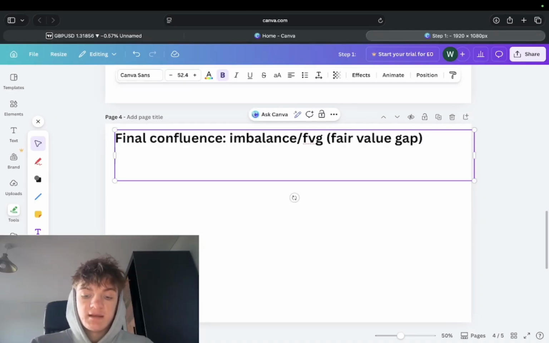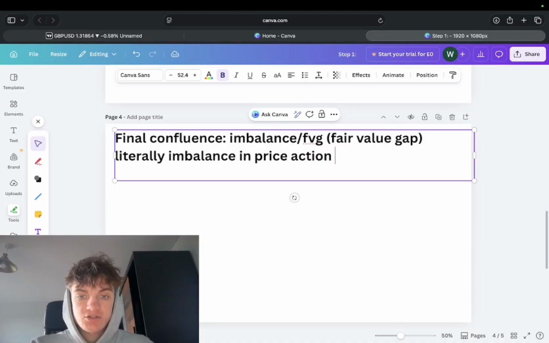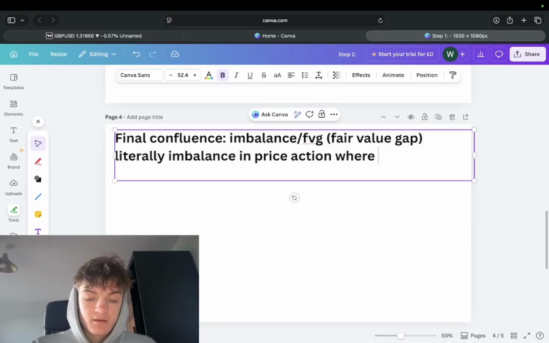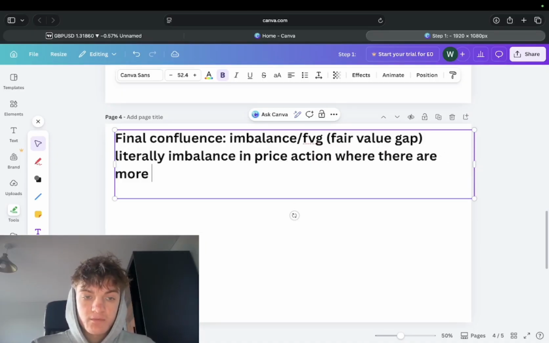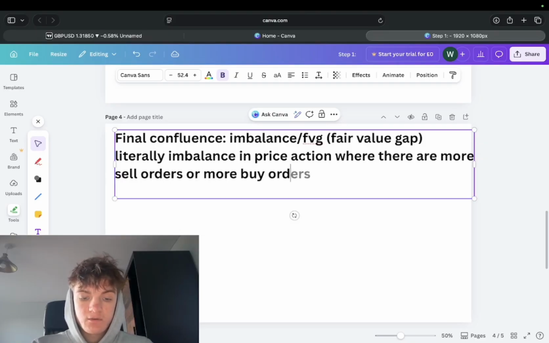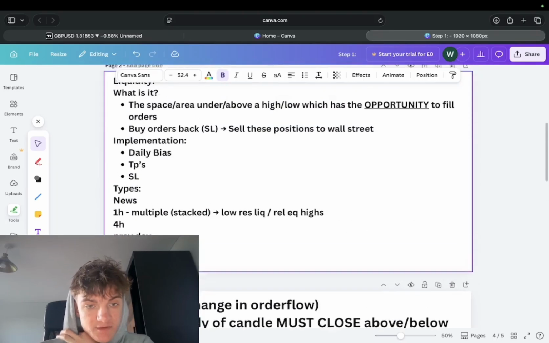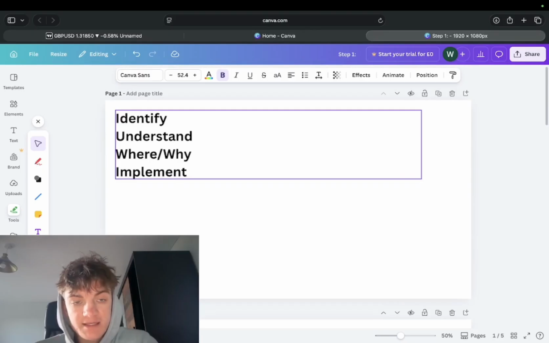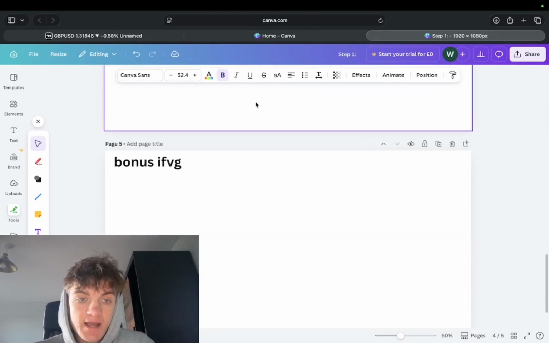It is literally imbalance in price action where there are more sell orders or more buy orders than the other. See, it's quite easy. You guys have identified it as I've shown you with my drawings, and I've shown you with the actual charts. You can understand it as I've explained it to you, and where and why.